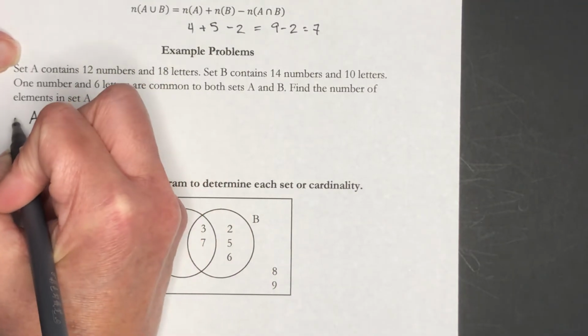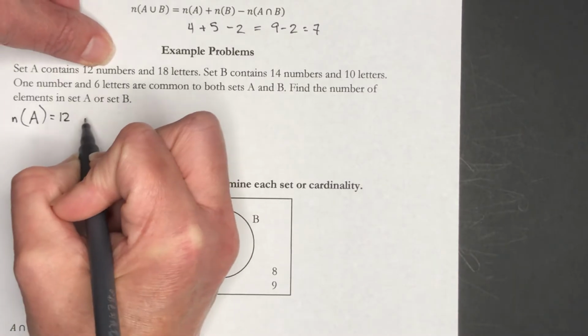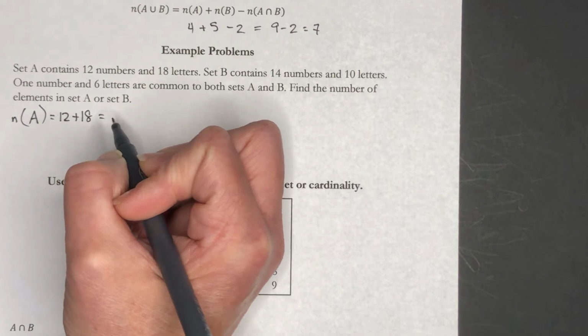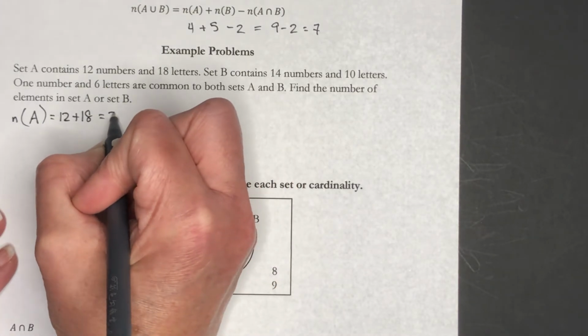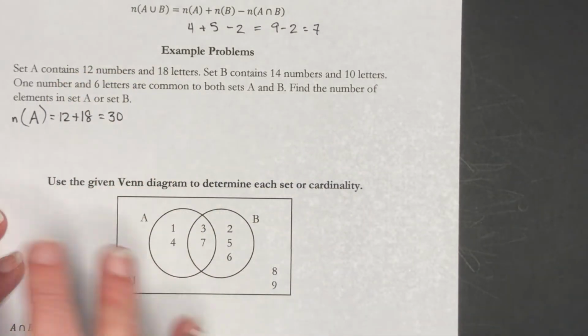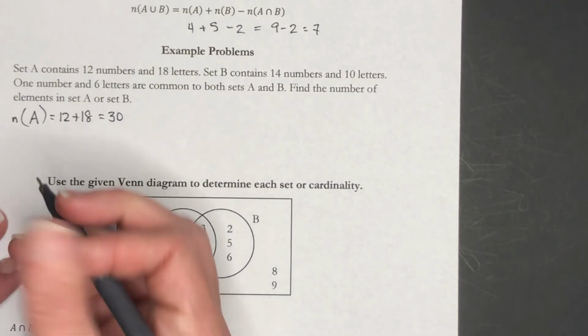Set A, the number of elements in set A, we have 12 numbers and 18 letters. Therefore, the cardinal number of set A by itself would be 30. Don't just go with these numbers right here. You have to realize that you should be adding them together to find out the total number.